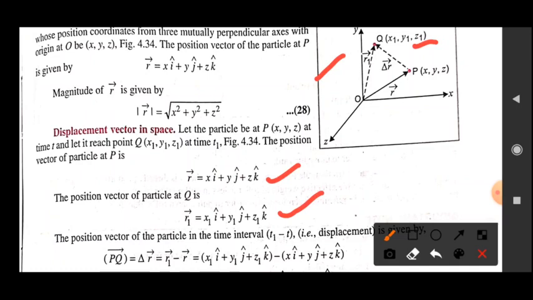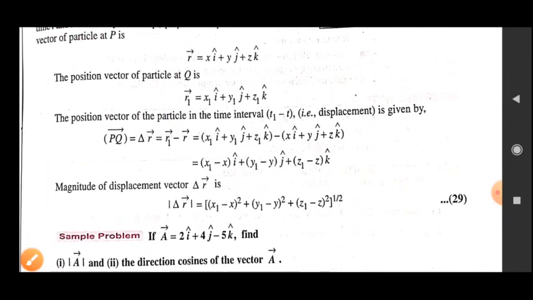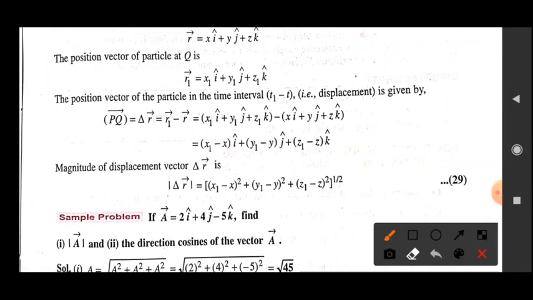Now we can find the displacement PQ, because our particle is displaced from P to Q. PQ is obtained as delta r equals r1 minus r. So you write down the value of r1, write down the value of r, and solve it, and this is the value we obtain. That is called the displacement vector.